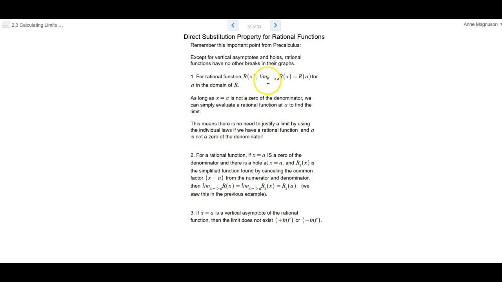In other words, if a is not a zero of the denominator, I can just plug the value of a into the rational function. However, if x equals a is a zero and there's a hole at x equals a, I can substitute a into that simplified function after I cancel the common factor. We saw that in the previous example.